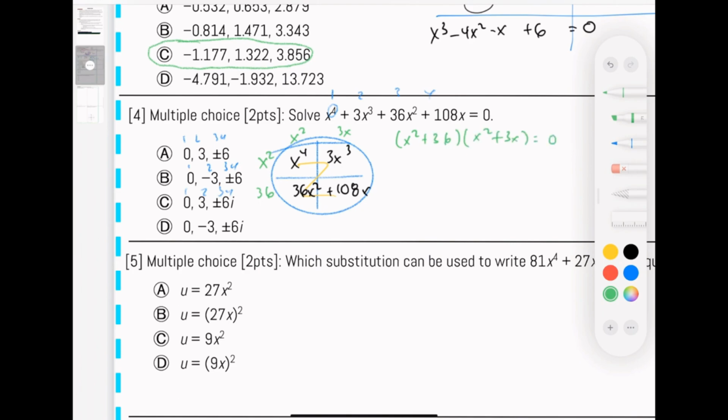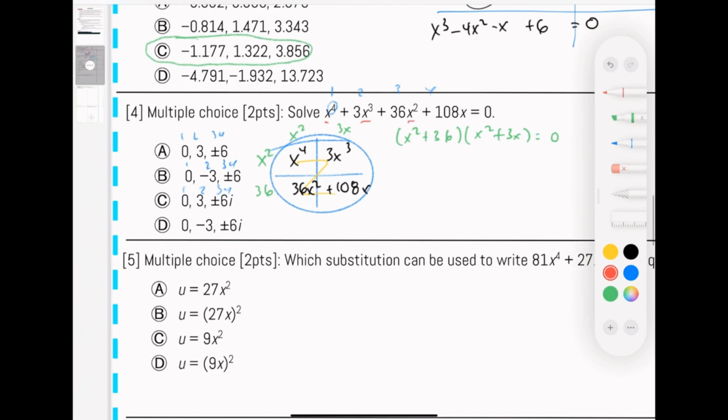And this is a great thing about math, it's very forgiving, is that each of these terms had an x in it. So I could have taken a GCF of an x, or I can recognize that I can take out the GCF here. X plus 3, and this one is x squared plus 36.